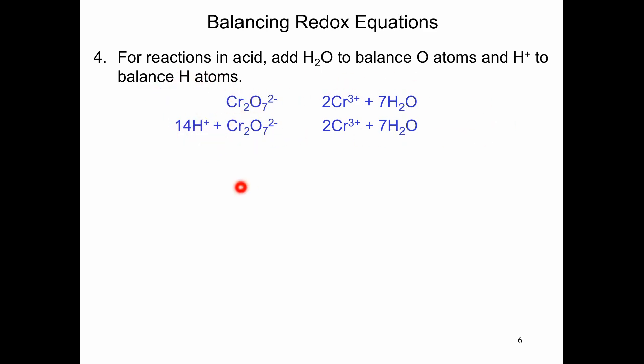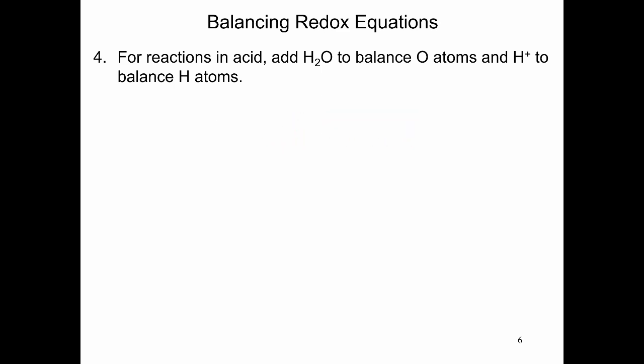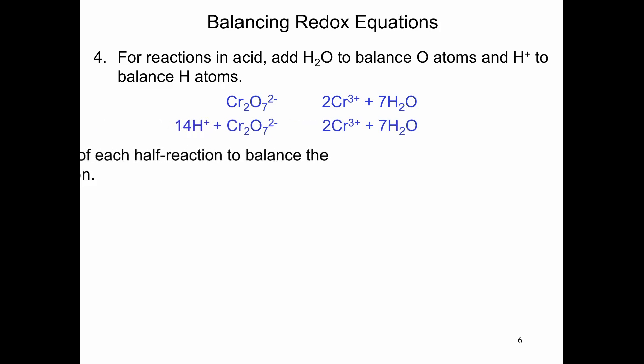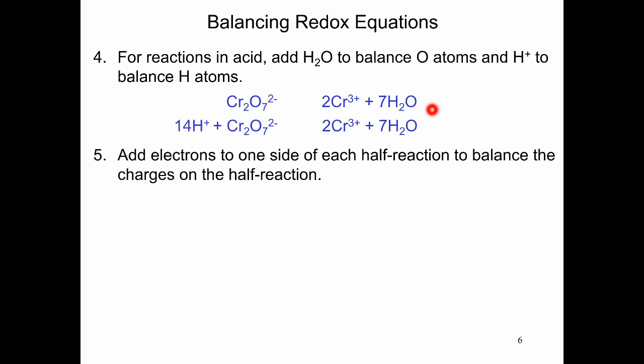And since the whole reaction occurs in a solution, you have water. We add water on the product side because we want to balance the oxygen. Remember, in our original reduction equation you have the chromiums, but no oxygen on the product side. So to balance that, we have water on this side. We do not use hydroxides. We have water, not hydroxides. Why not hydroxides? Because this is an acidic solution, not a basic solution.